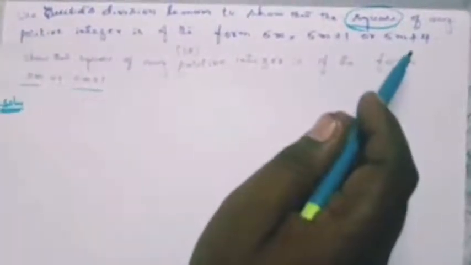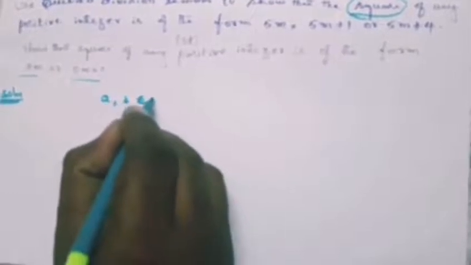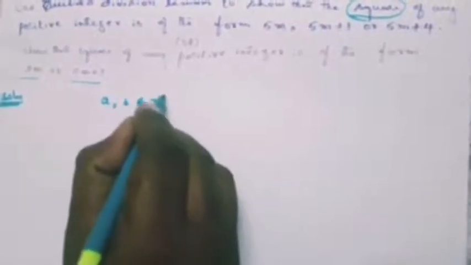Okay, so use Euclid's division lemma to show that the square of any positive integer is of the form 5m plus 1 or 5m plus 4. Here let a, b belong to positive integers.